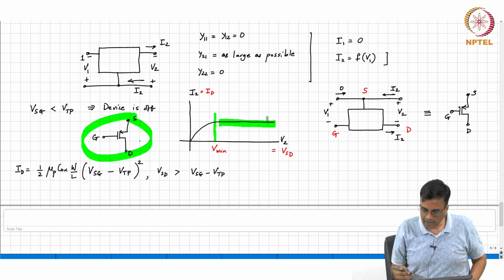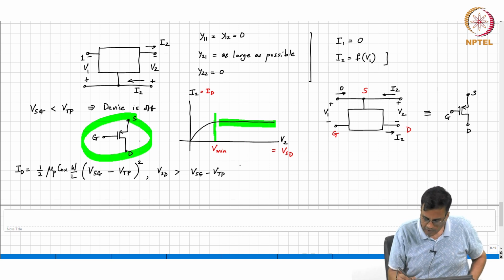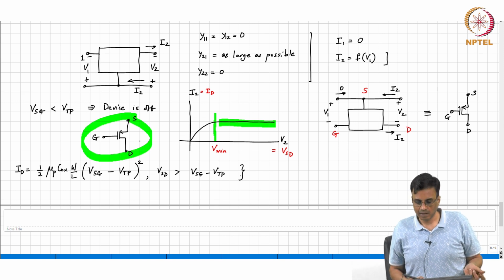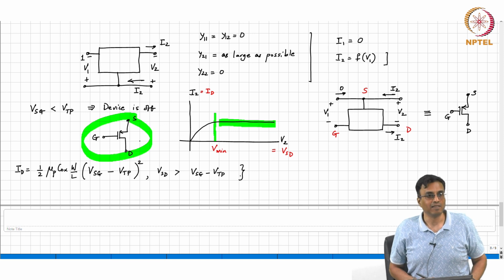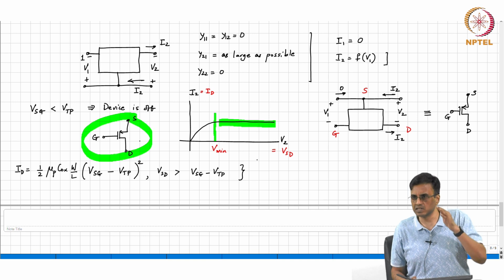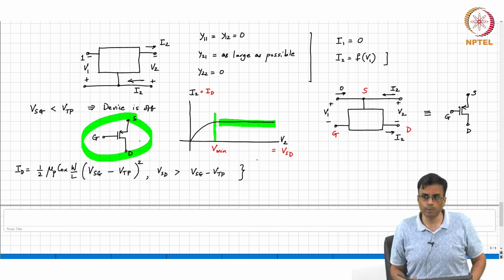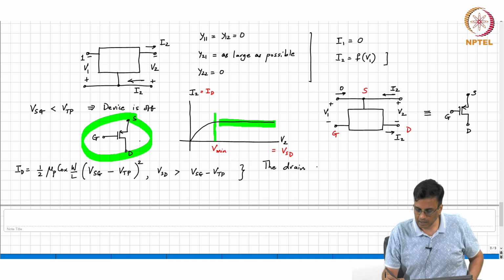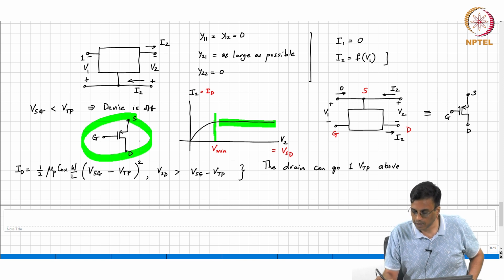So in English, what does this sentence mean? VSD must be greater than VSG minus VTP. That means that the edge of the triode region is defined by the drain potential going, this is the easy way to remember it, the drain can go one VTP above the gate.